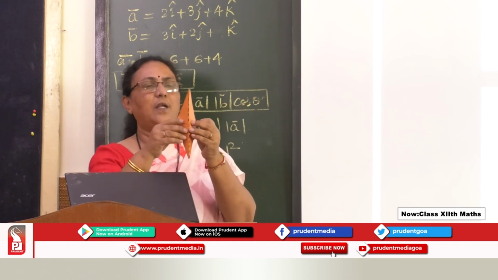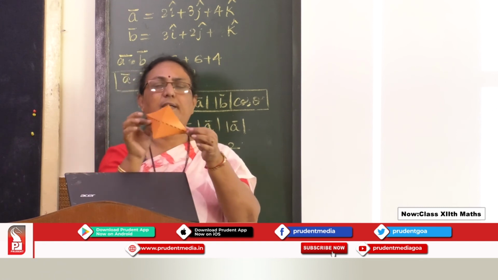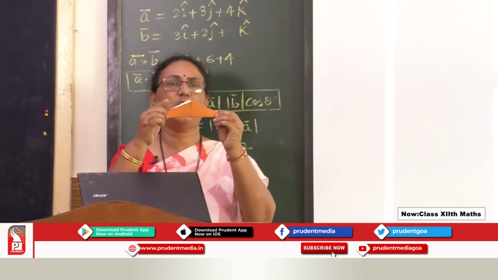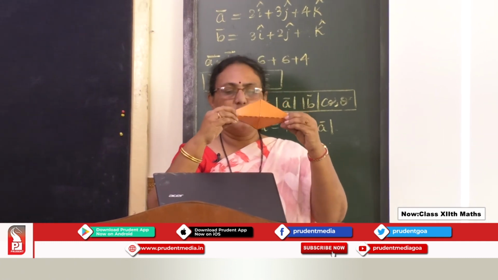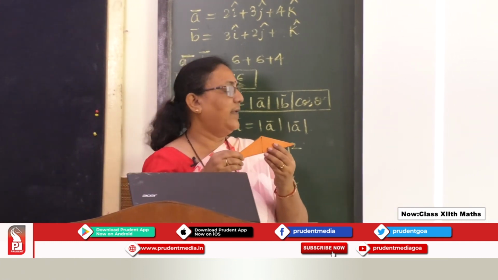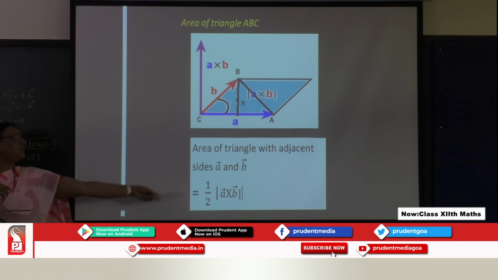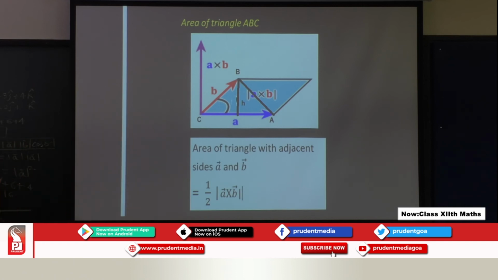Okay. So the parallelogram is nothing but a combination of two triangles like this, or it can be like this also. So the area of the parallelogram and the area of the triangle are related. How are they related, you understood? This is double of this, you will get a parallelogram.